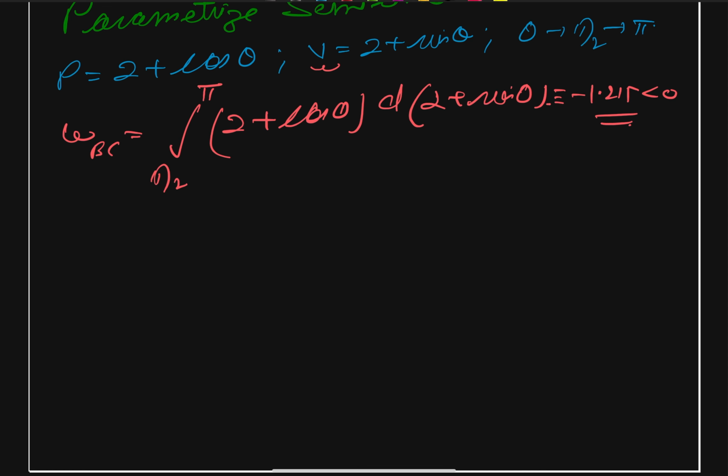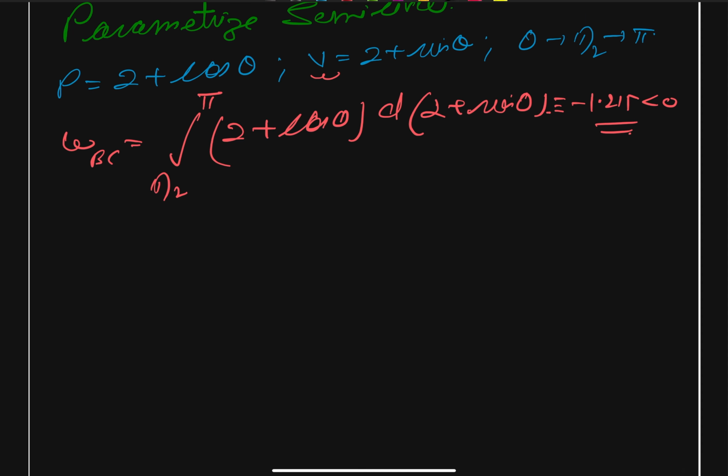So we have our work done is less than 0, and Q was also 0.